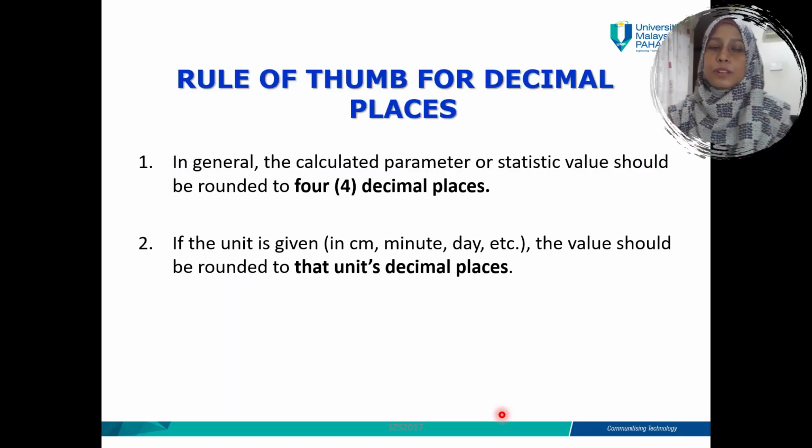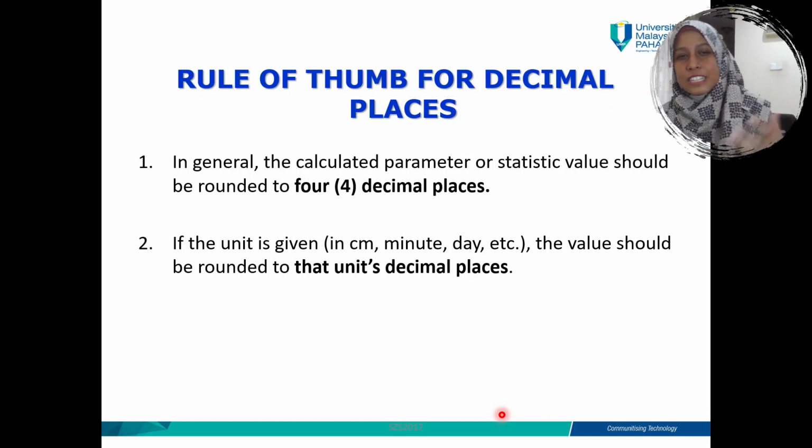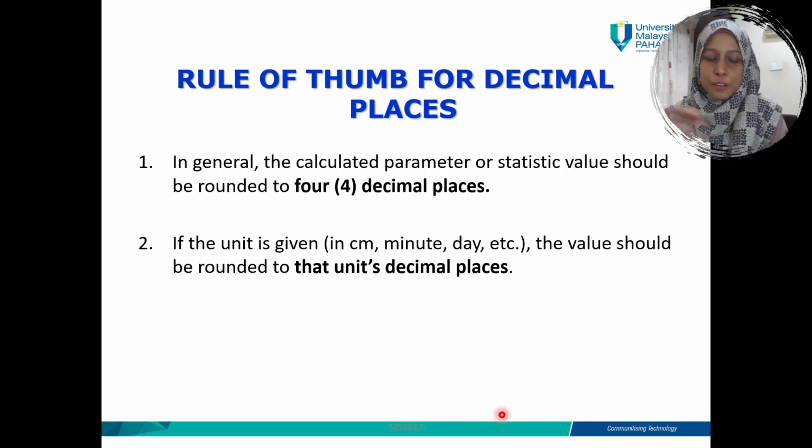And also, I would like to emphasize this rule of thumb throughout this course. Whatever calculation is made, you need to write down your answer in 4 decimal places. So let's say the calculation gives you a number which has a lot of decimal places, round it off to 4 decimal places.